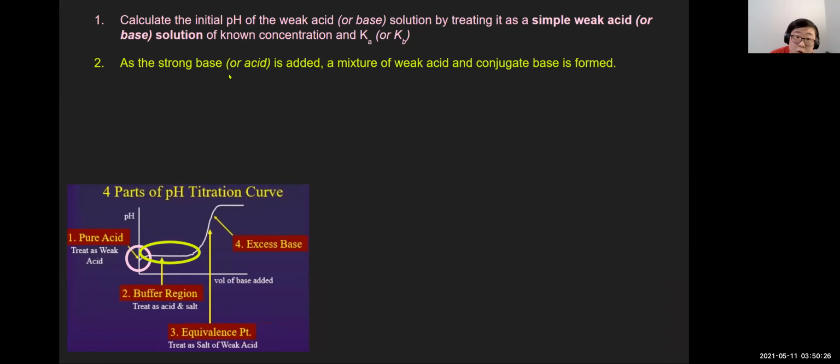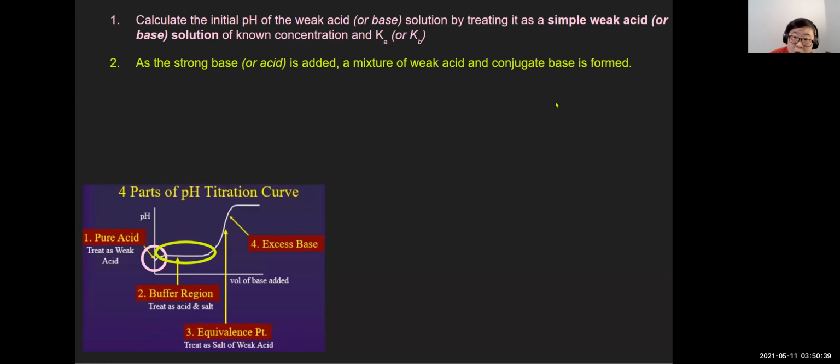And then as you add a strong base, by Le Chatelier's principle, you're adding OH- to the solution. So this weak acid will dissociate and create some of its conjugate base. The idea here is, you have a weak acid, and as you add OH-, you'll create your conjugate base plus your H+.